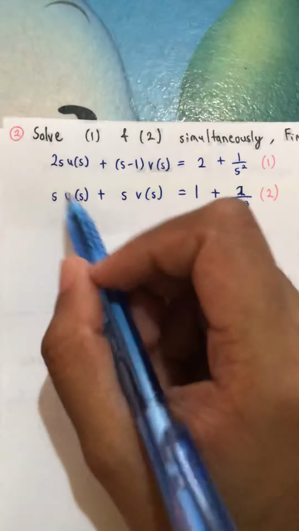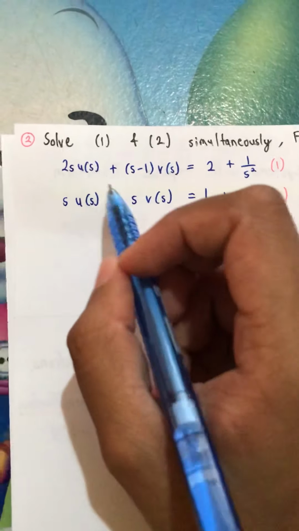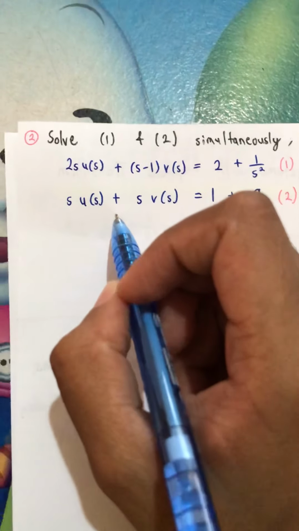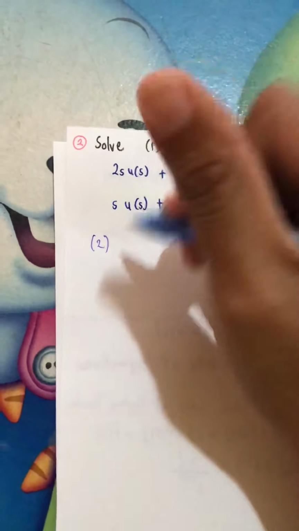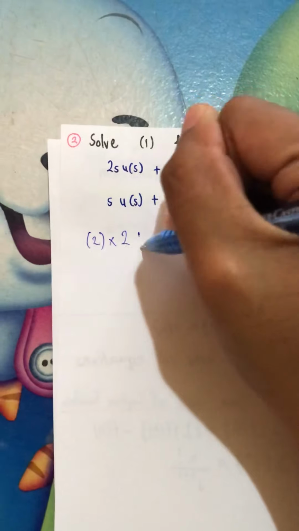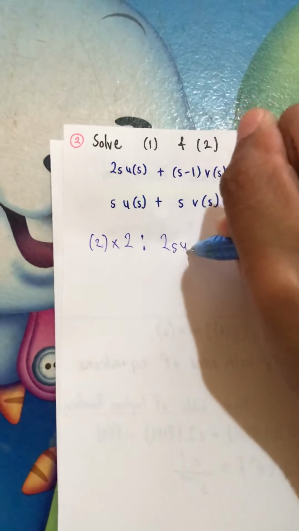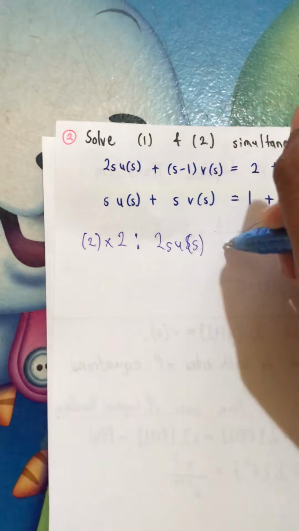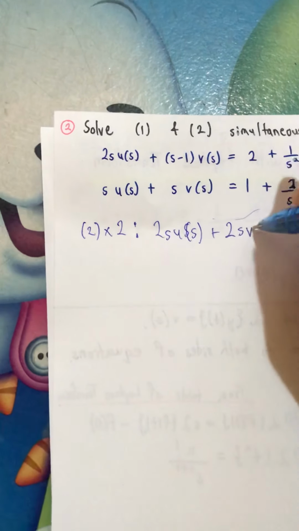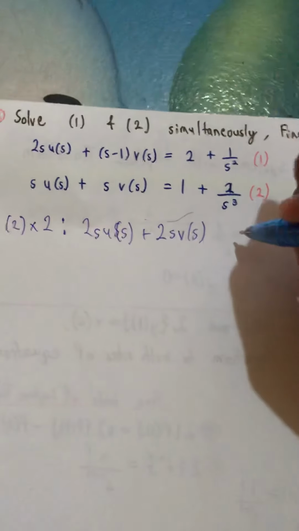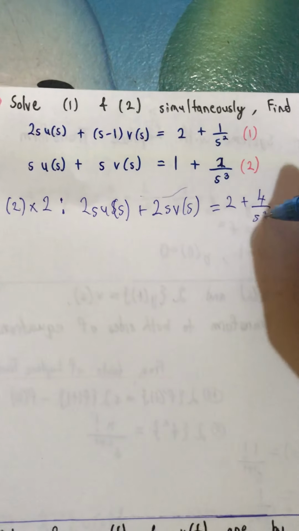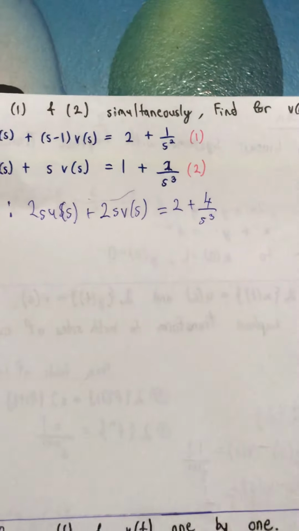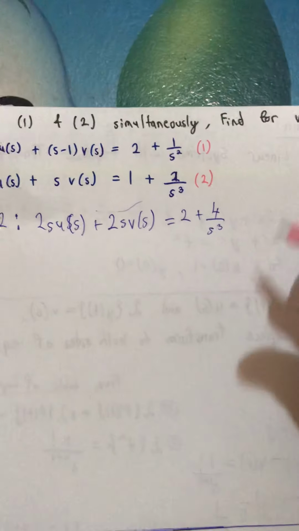We can eliminate U(s) by multiplying the second equation by 2. So we get 2s U(s) plus 2s V(s) equal to 2 plus 4 over s cubed. Here we note this as equation 3.